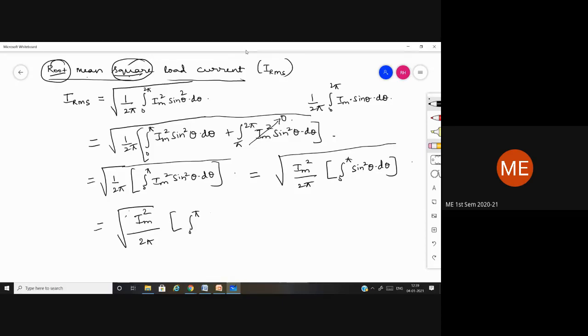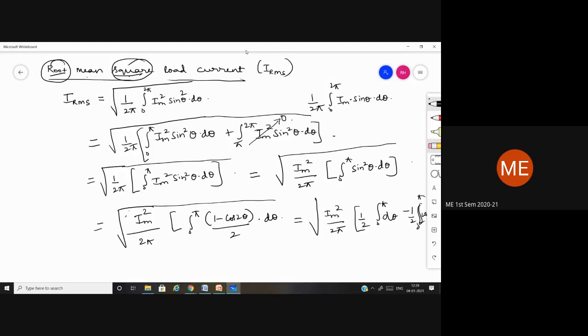So 0 to pi, 1 minus cos 2 theta by 2 into d theta. After that we keep on simplifying it: Im square by 2 pi, 1 by 2, 0 to pi d theta, we have taken 1 by 2 outside, minus 1 by 2, 0 to pi cos 2 theta d theta.